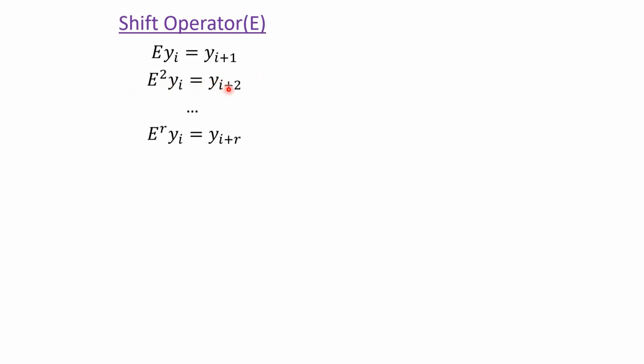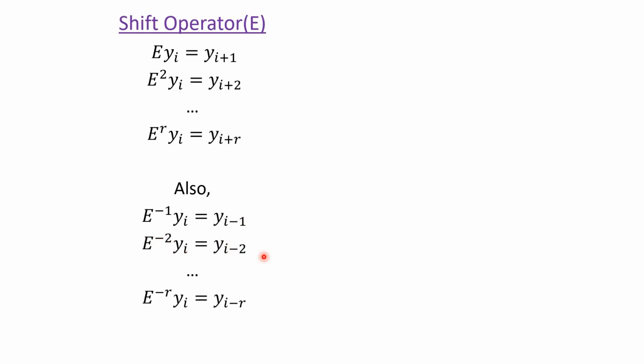So in general, E raised to r yi will be y of i plus r. Also, we can have the backward shift operator. That is E raised to minus 1 when it operates on yi. It is y of i minus 1. It gives us the previous output. Similarly, E raised to minus 2 yi will give you y of i minus 2 and so on. E raised to minus r operates on yi is equal to y of i minus r.